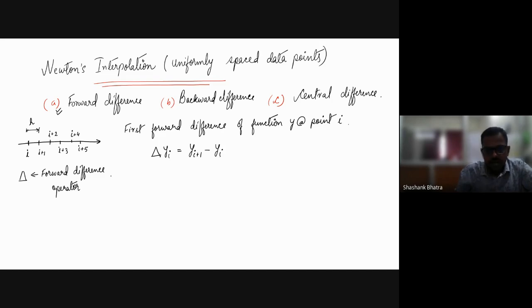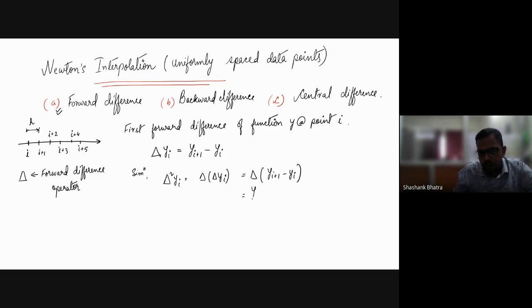Similarly, if I move on to the second, it will simply be delta of delta yi. Again, you can go for this yi plus 1 minus yi, so individually you have to apply this particular equation.